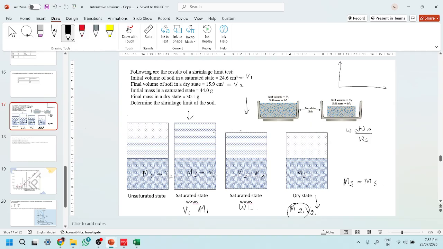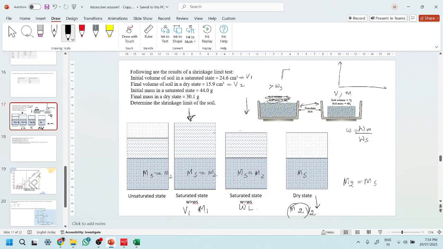So this is the one state that we have, which is greater than water for saturation. And then we took the volume and the mass measurement of this. Then we dried it completely. Then we took the volume and mass.